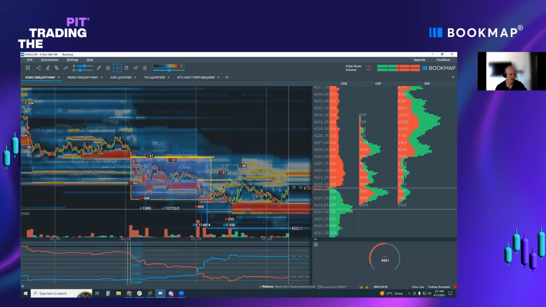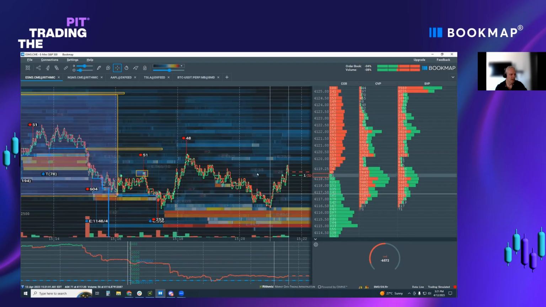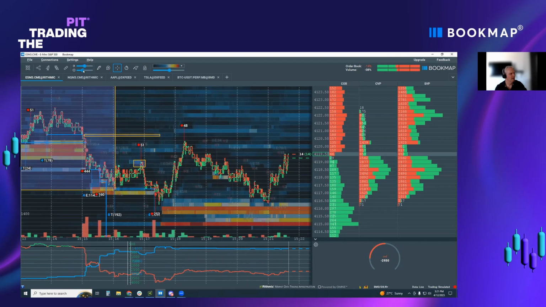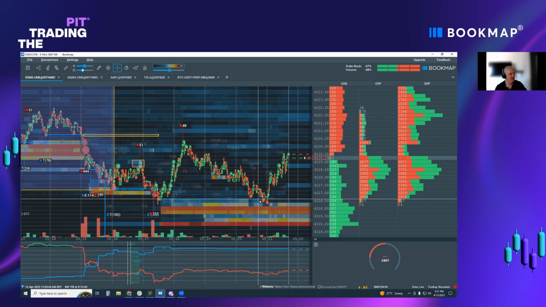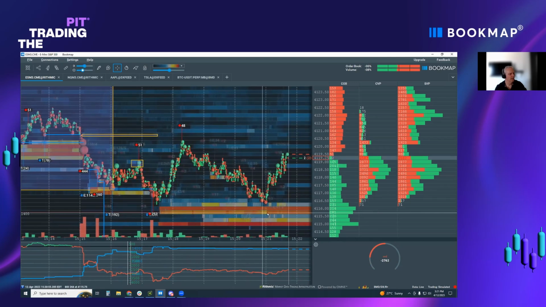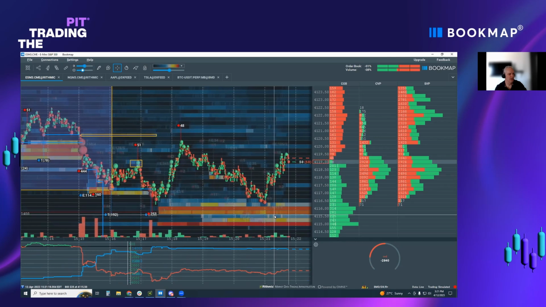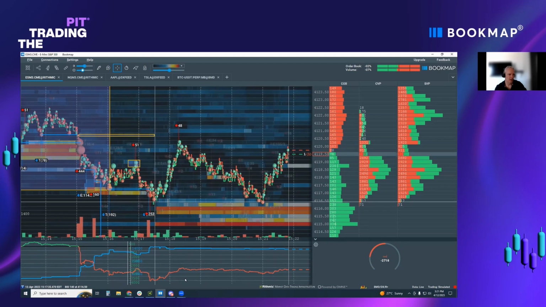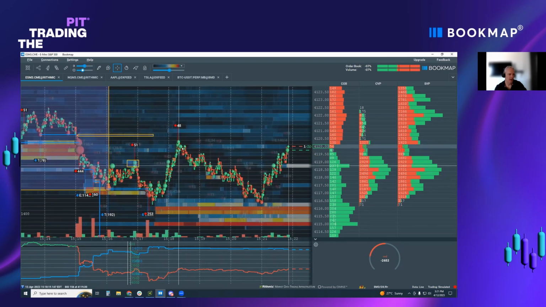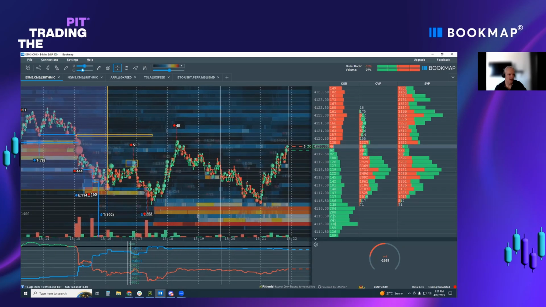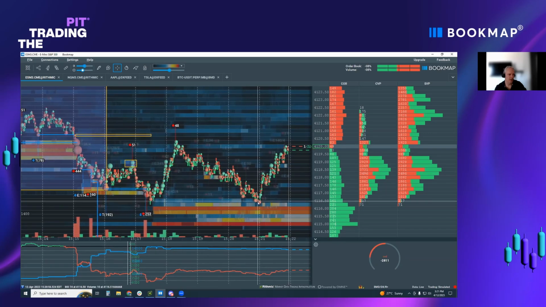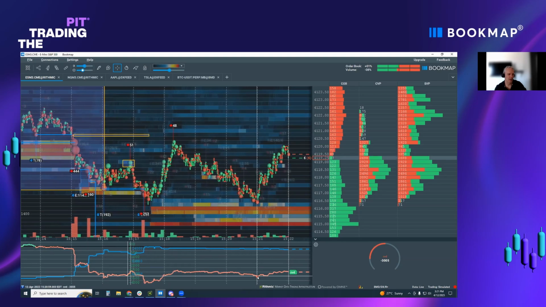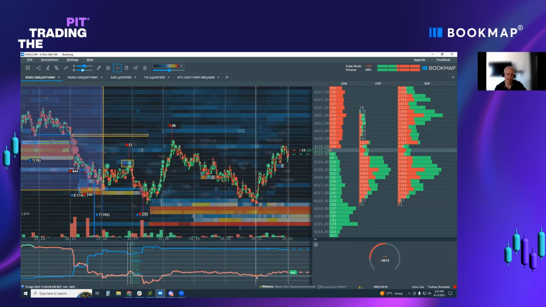Here's an interesting one. Okay, so here is our double bottom pattern in here. There's a little bit of selling down here, but talk about divergence. Here's your divergence again. Look at this, equal low, selling here, but all because of this buying in here and this buying in here, we make an equal low here, and we see a higher low though in the CVD.